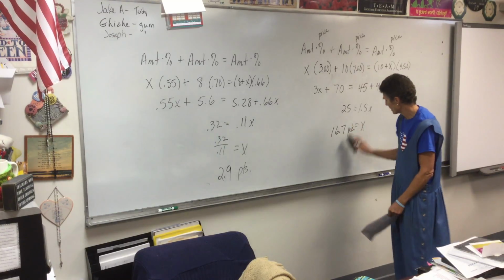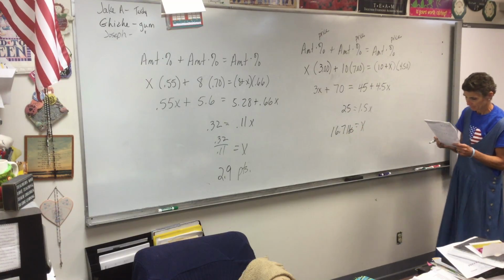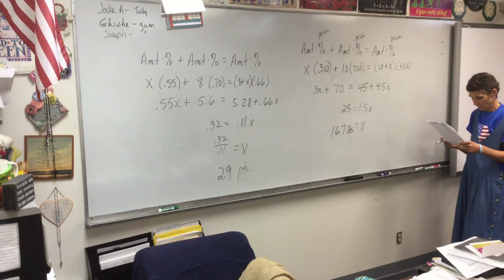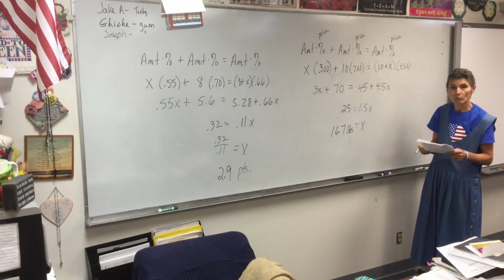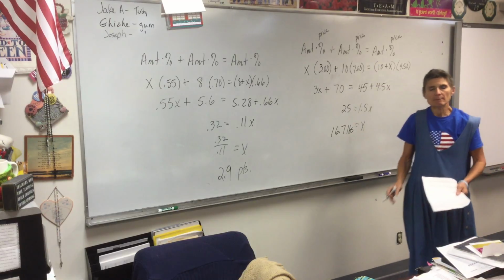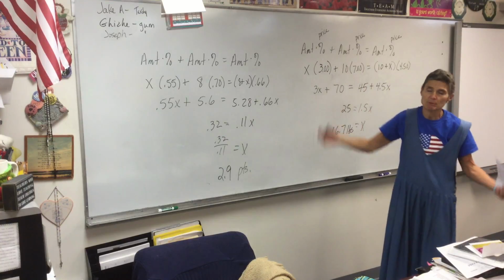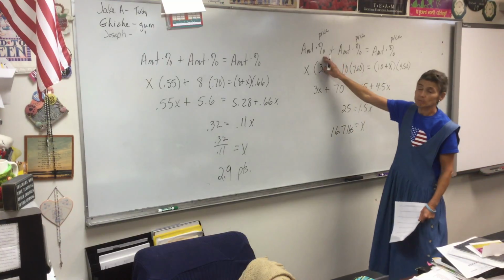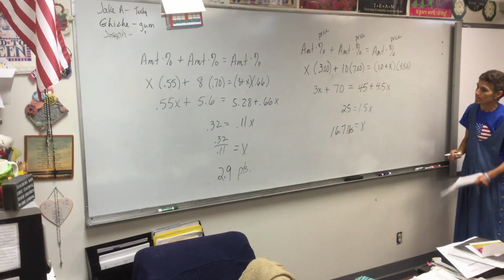I guess I should use the right abbreviation for pounds. Okay, so it's exactly the same kind of problem. The only difference is instead of percentages, 80% orange juice or something, we have a price. $3, $7, $4.50.